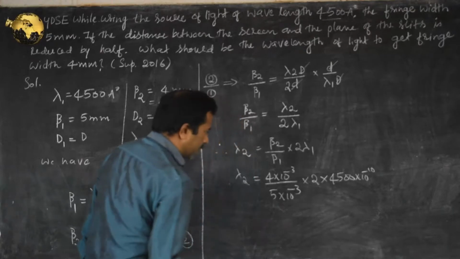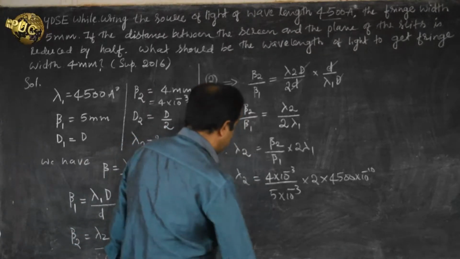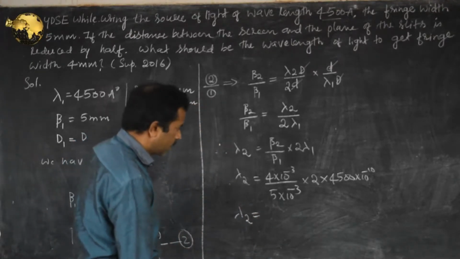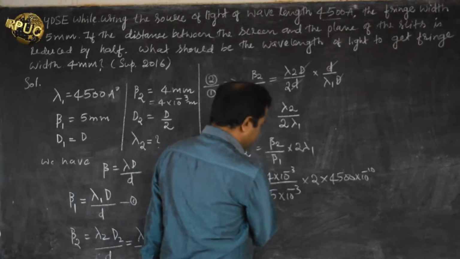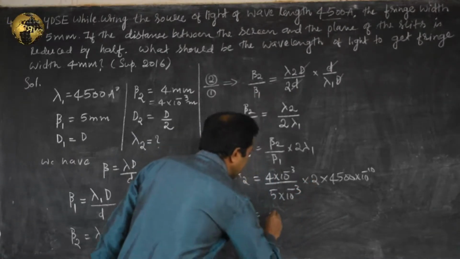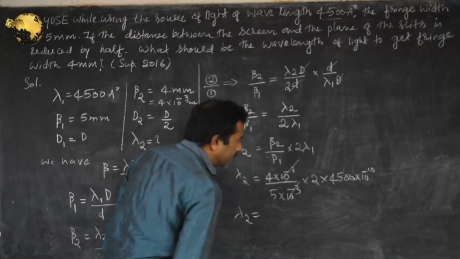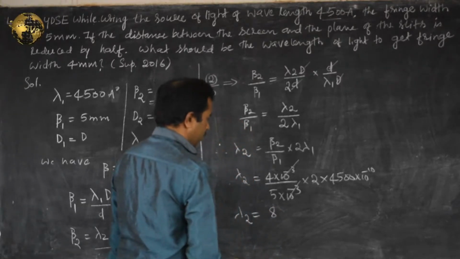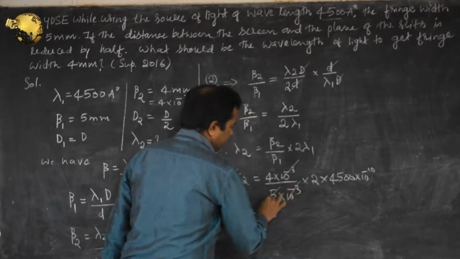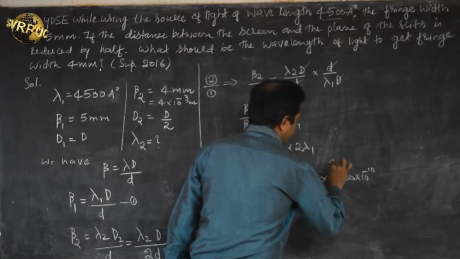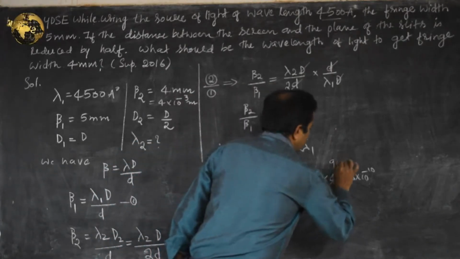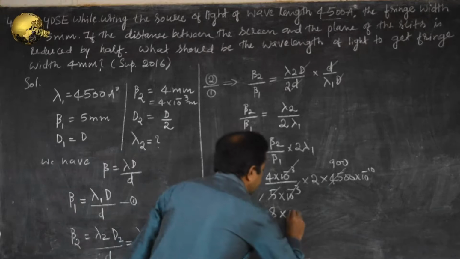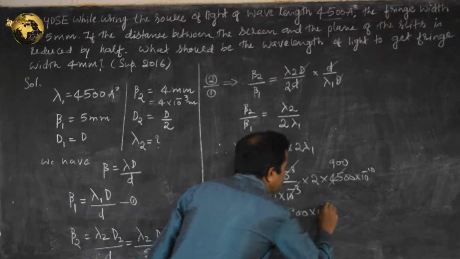So let us multiply. Lambda 2 is equal to, this will become 4 into 8. The 10 to the power minus 3 and 10 to the power minus 3 get cancelled. 4 into 8, and here 5 ones are 5, 5 nines are 45, so this will become 900. This 8 will be multiplied with 900 into 10 to the power minus 10.